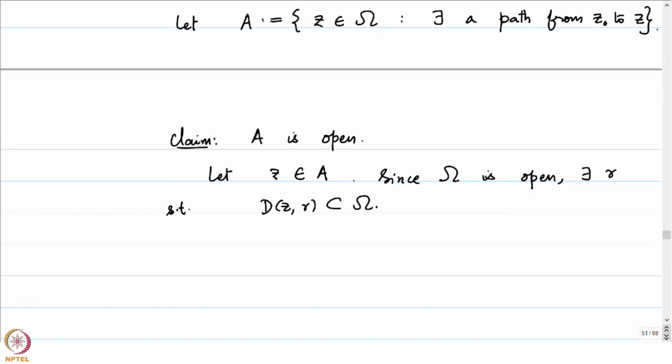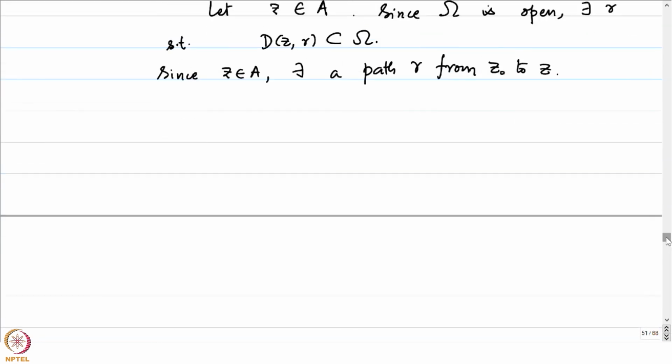The fact that z belongs to A tells us that there exists a path from z0 to z. What was A? A was the collection of all those points which had a path from z0. Since z is in A, there exists a path gamma from z0 to z.